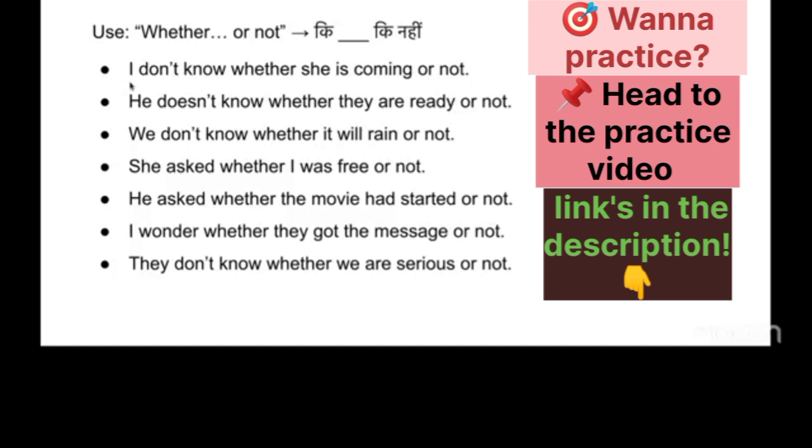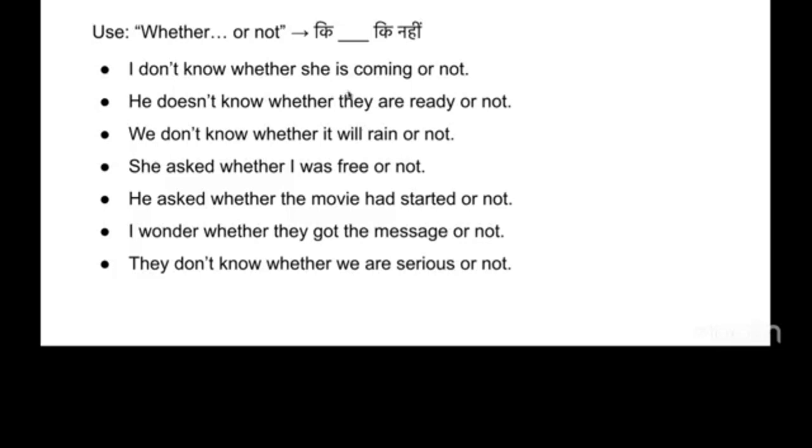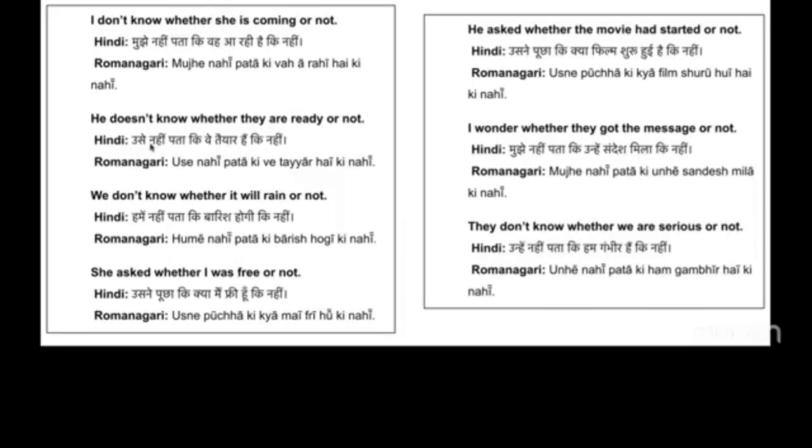So just like in English you can say, मैं नहीं जानती कि वह आ रही है. Okay, so even though you have not said ki nahi, it's implied there. Beautiful, right? He does not know, वह नहीं जानता whether they are ready or not, कि वे तैयार हैं कि नहीं. Okay, so same thing, उसे नहीं पता कि वे तैयार हैं कि नहीं.